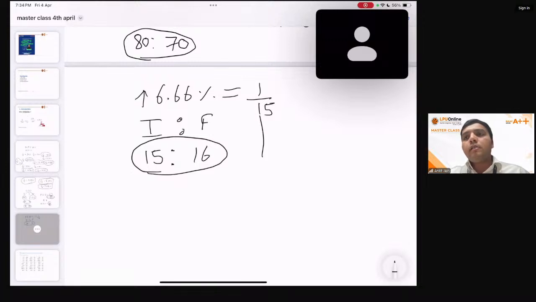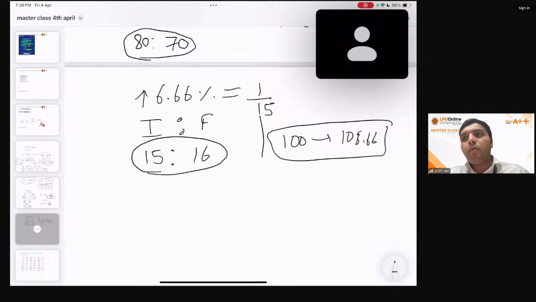Earlier, what you did was assume 100, and it becomes 106.66, which makes your calculation complicated. So rather than that, we assume 15, it becomes 16. 150 becomes 160. Same in case of decrease: if money decreased by 6.66%, then 15 becomes 14.